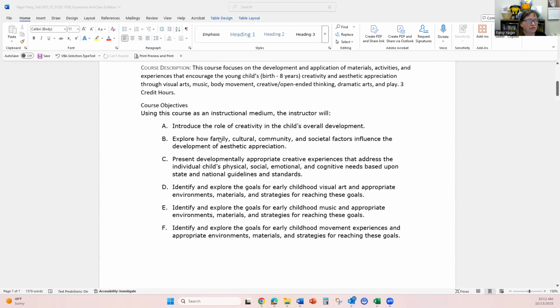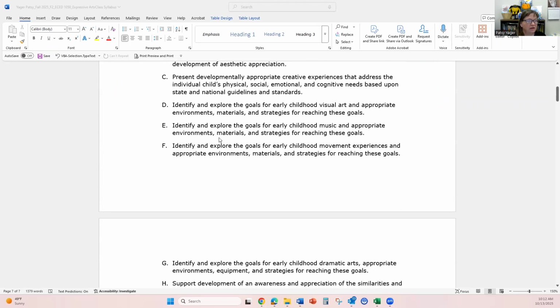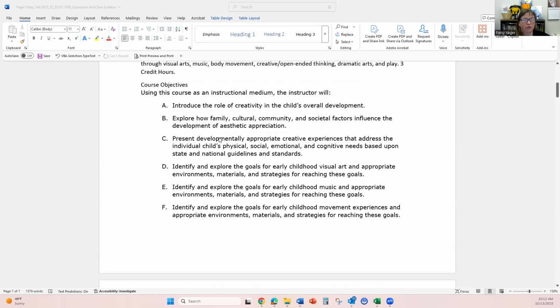So course objectives are here. So these are the things that the course will cover. Okay. So we'll look at the creativity. We'll look at, of course, family, culture, community. We always look at those things in every early childhood course just because they're so important.